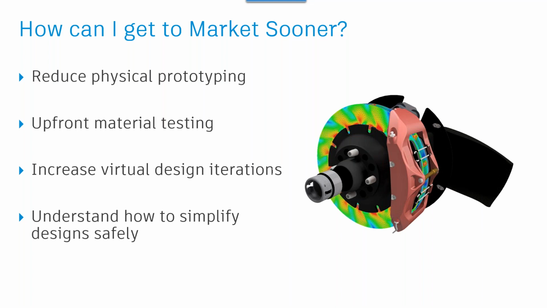With simulation, you can also understand how you can simplify your design safely, where you can reduce the number of parts and make your assembly simpler. That not only helps reduce the complexity of the part, but also helps in reducing the cost in manufacturing as well as testing and prototyping.